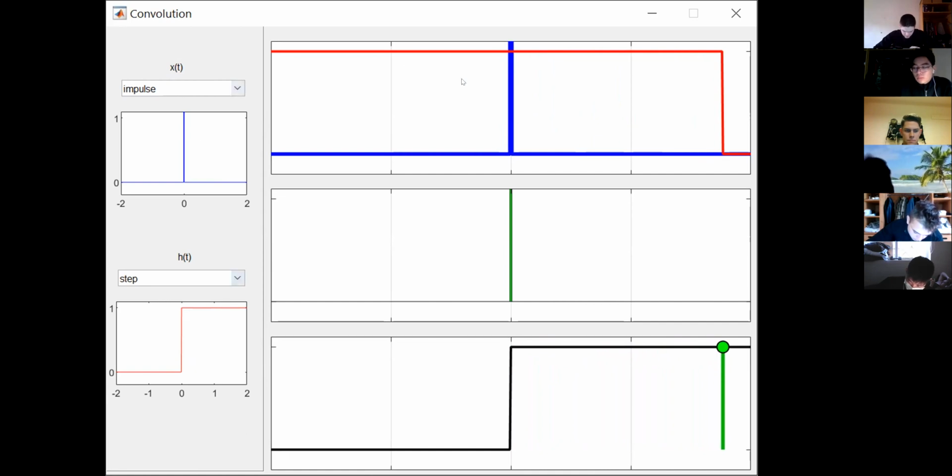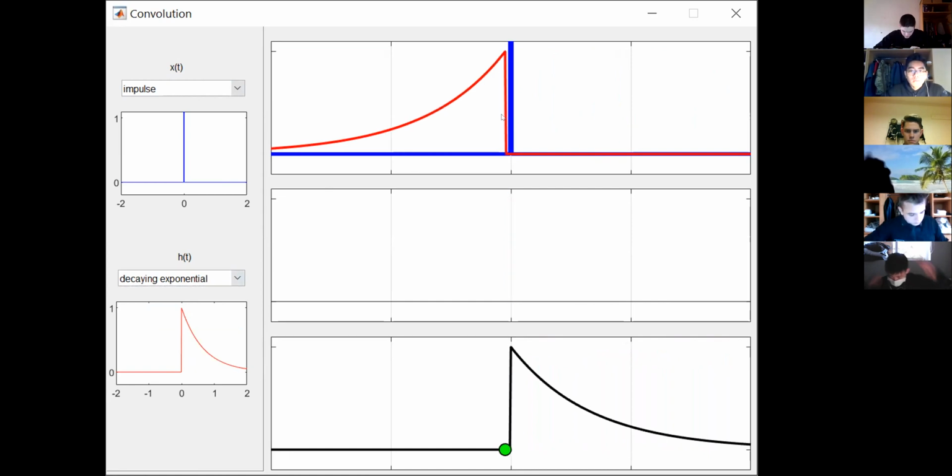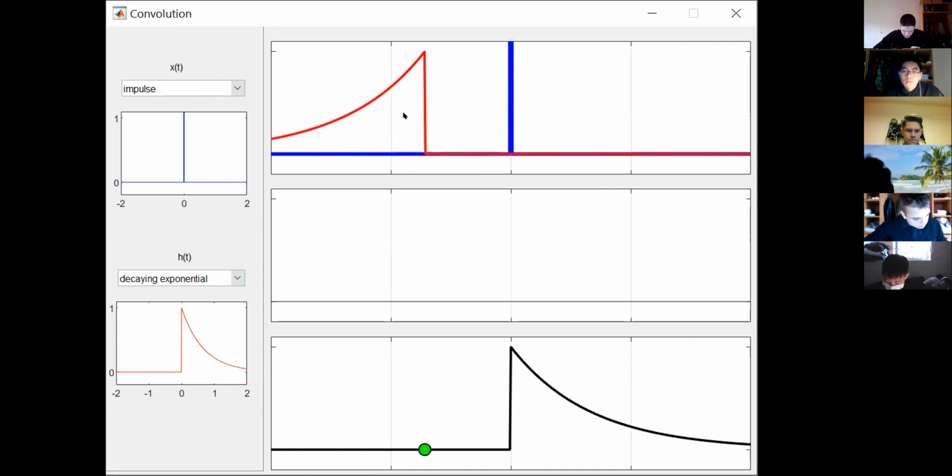If we put this impulse into a completely different circuit, maybe one that had something that looked like a decaying exponential, you can see that for the output at time just less than 0, there's no overlap. So for any time less than 0, our output will be 0.